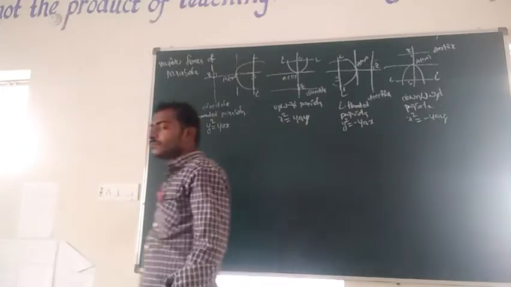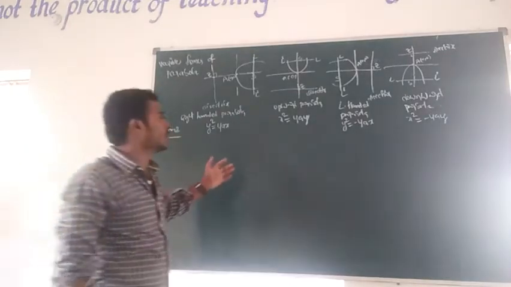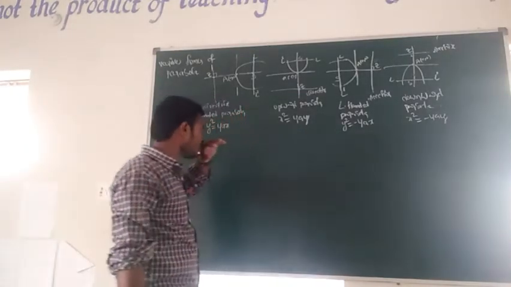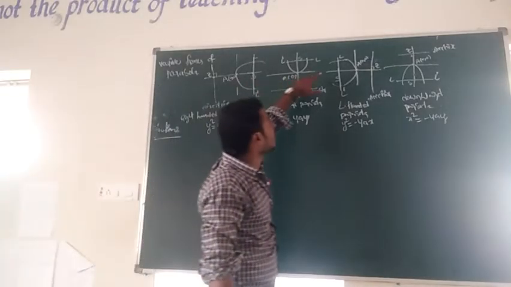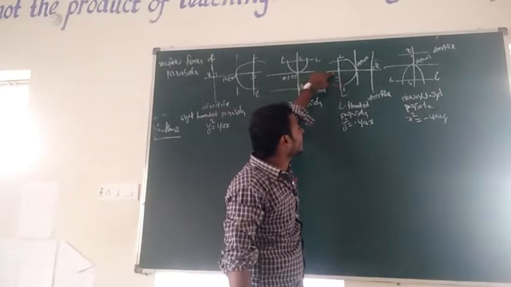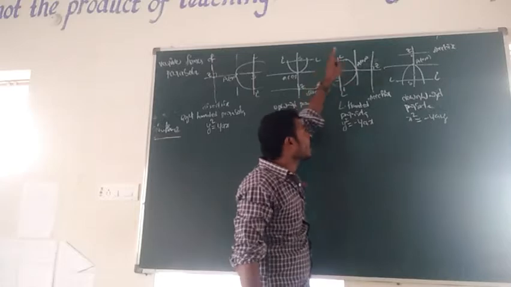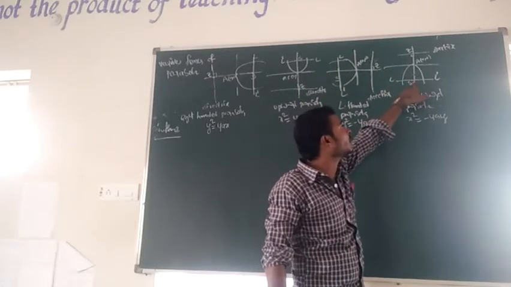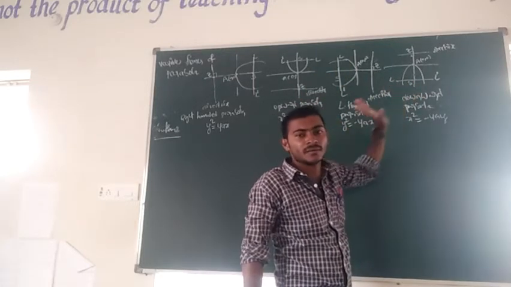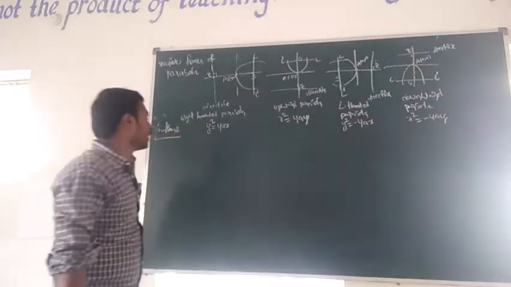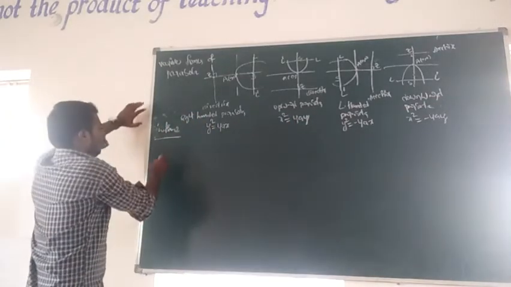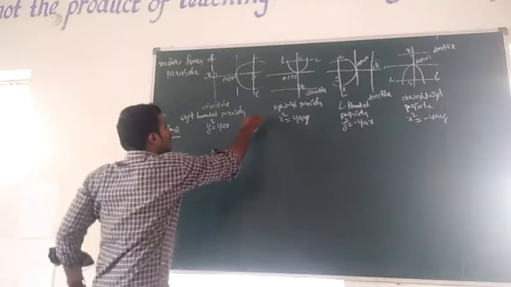How do we get the negative value? Here the focus lies on the negative side of the x-axis, and also here the focus lies on the negative side of the y-axis. Clear?